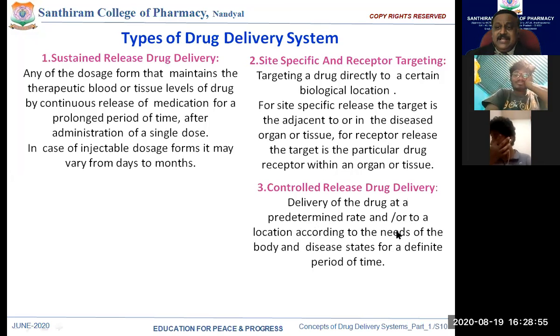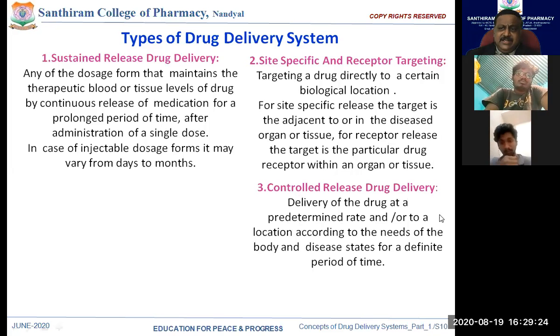Or sometimes the location is predetermined, like what I said earlier, maybe the small intestine or colon region if it is orally administered, right? Or any other particular biological site, or any other particular organ within the system. Only two things are determined here. What is the first one? The release rate is predetermined.